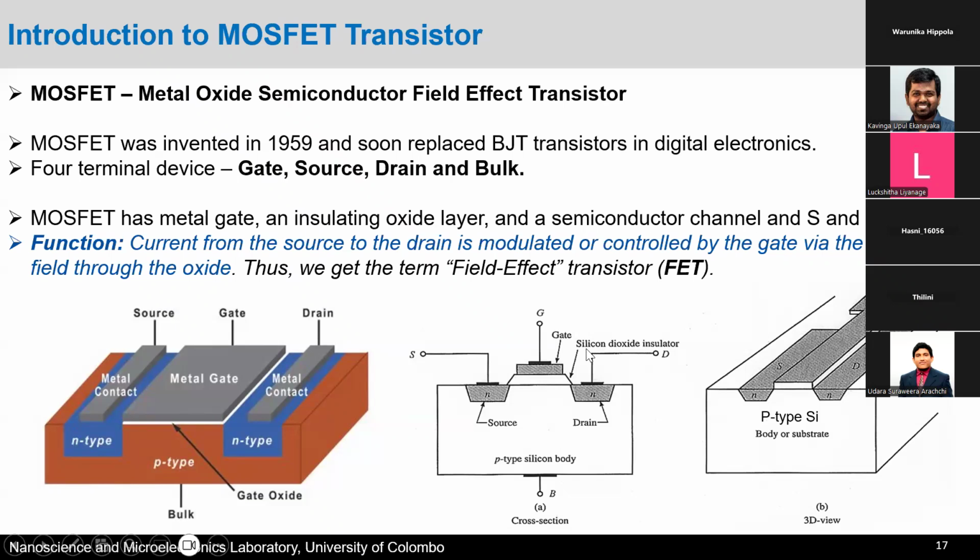Right now it's made out of a whole lot of other oxides and materials, and then you have a gate on top of the silicon dioxide, and that's usually made out of metal, right? So you have the metal gate, and then the gate oxide, and then you also have certain metal contacts to the n-type semiconductor areas here, just to make contact and to make sure that you can apply particular voltages here. So this is the basic structure of a long channel MOSFET, right?